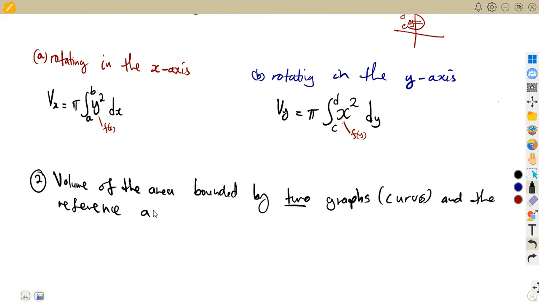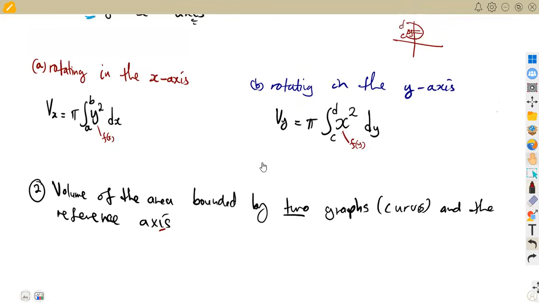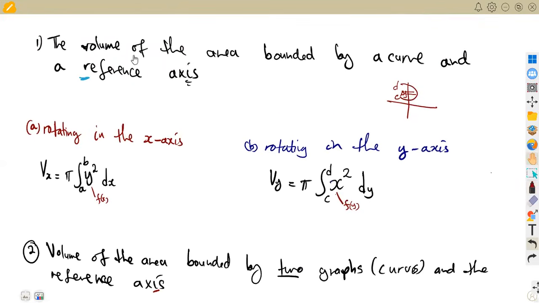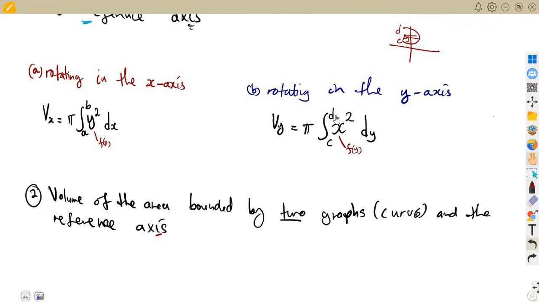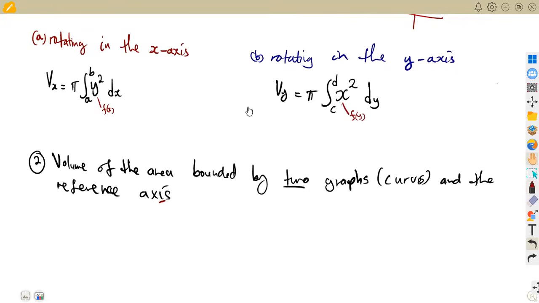Meaning our reference axis can be the x-axis or the y-axis, just like what we had in the calculation of the area bounded by the curve. It is the same thing for the volume.